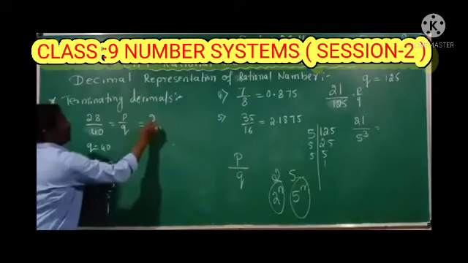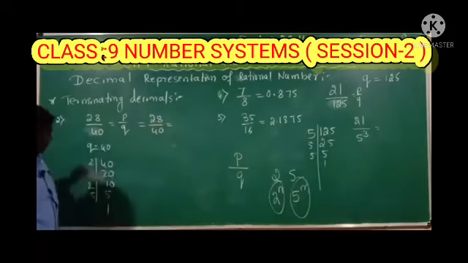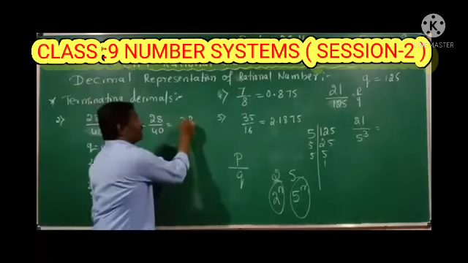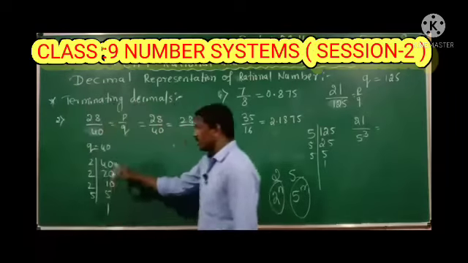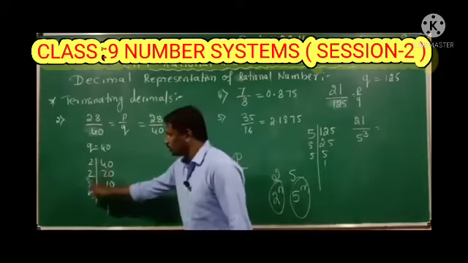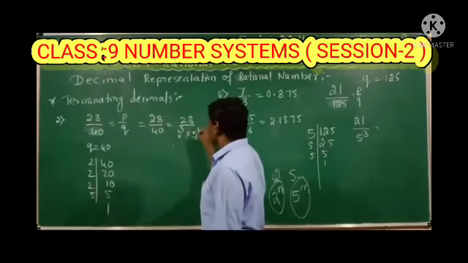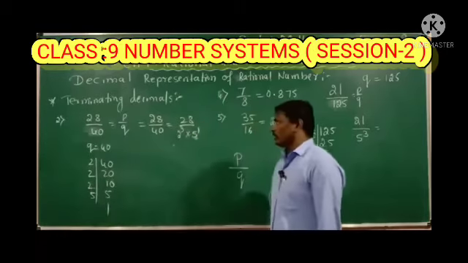Now 28 by 40 can also be written as 28 by 2 raised to 3 into 5 raised to 1.